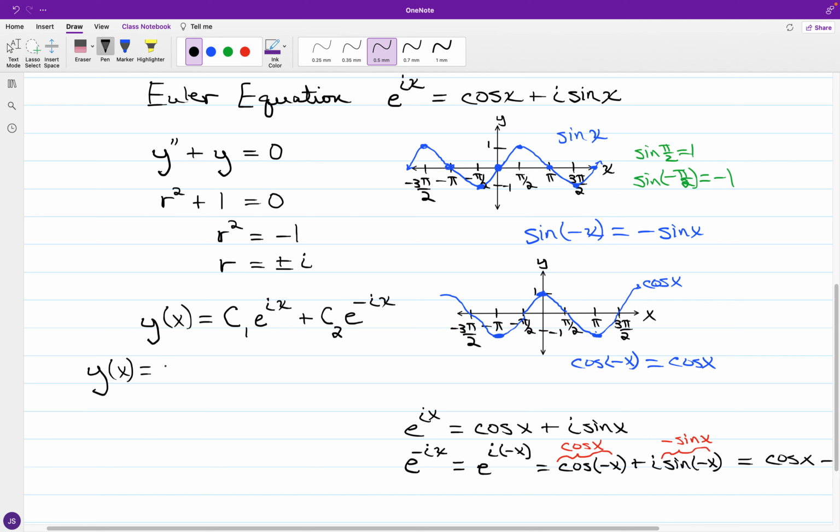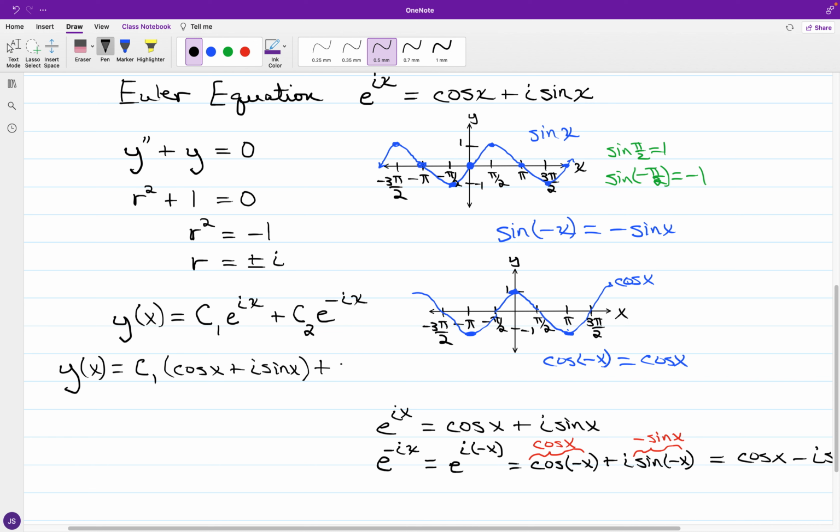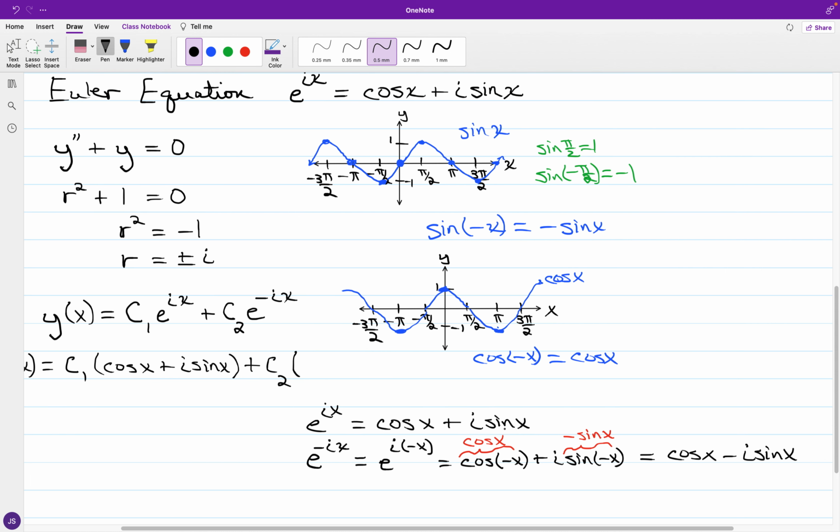For c sub 1 we have e to the ix, so I'm looking at cosine of x plus i sine of x. And then we have c sub 2 times e to the negative ix, which is the cosine of x minus i times the sine of x.